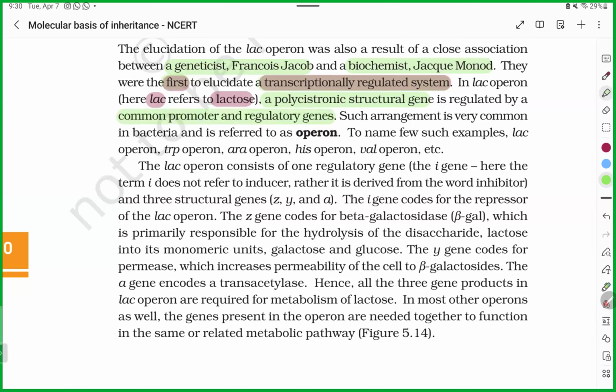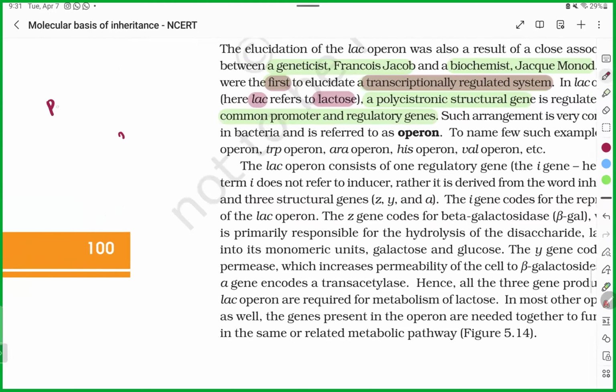What is the meaning of polycistronic structural gene? A gene that has multiple cistrons. The polycistronic structural gene is present only in bacteria or prokaryotes. In human beings or eukaryotes, the monocistronic structural gene is present.